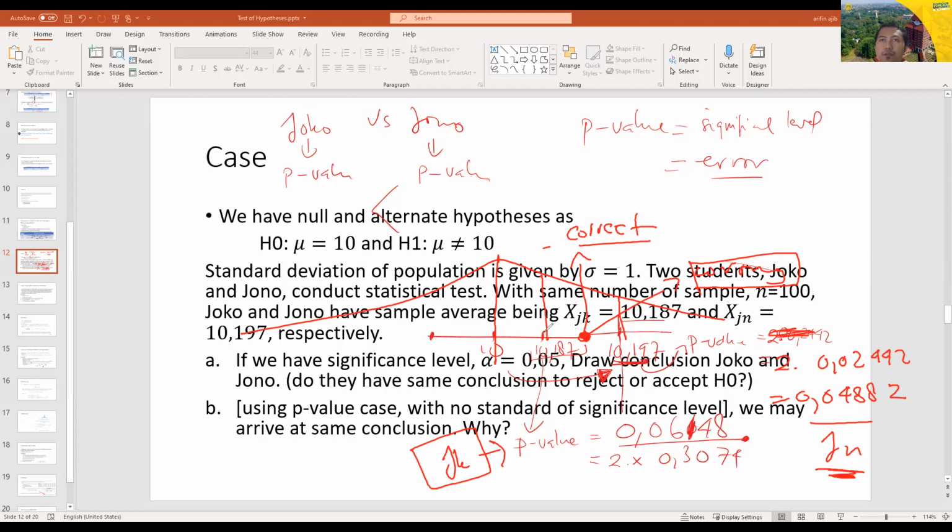You make a smaller gap here, but when we make a smaller gap, the consequence is a greater p-value, which means a greater chance of error. So how to increase the accuracy of the system?